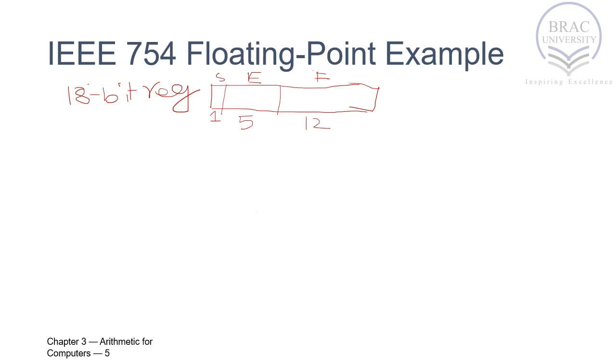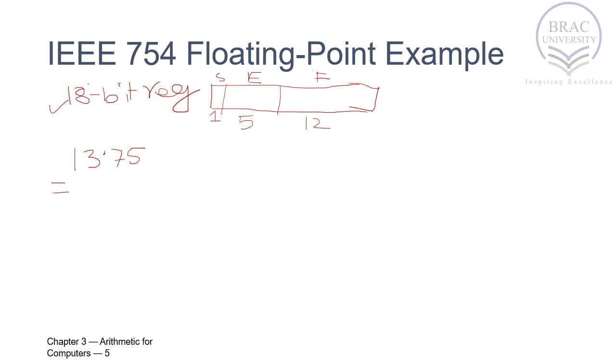Now let's see how we can convert a decimal value into IEEE 754 floating point representation, but in this case the register size is 18 bits, the one that we just discussed. So let's say we have a value which is 13.75. We all know what we need to do next. We need to come up with the binary representation of this one.